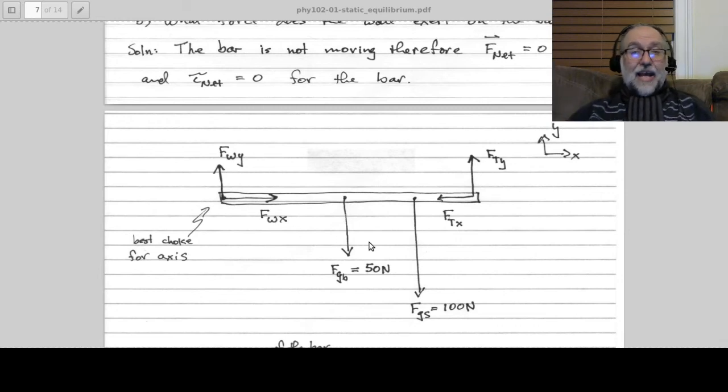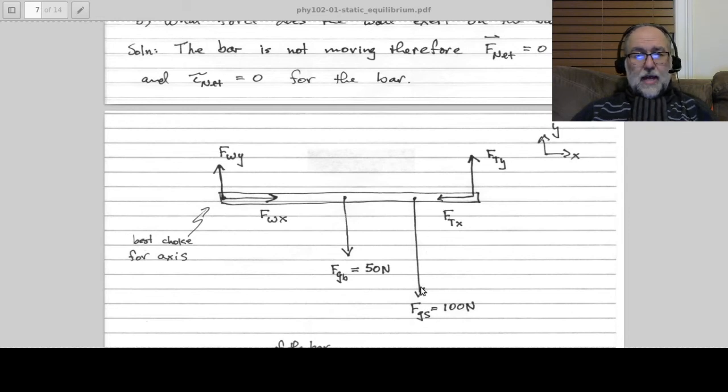What about the mass of the sign? Well, I told you that that was attached at 1.5 meters here, and the sign has a mass of 10 kilograms or 100 newtons. Because we've got two gravitational forces, I call this one force of gravity B for bar and force of gravity GS, S for sign.